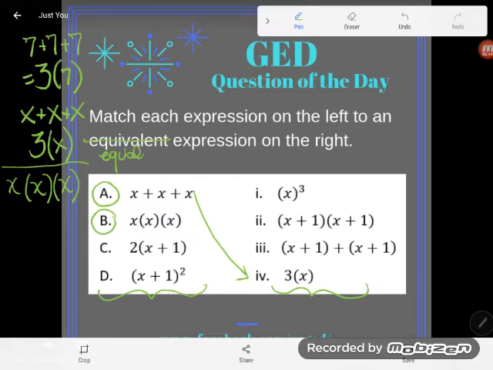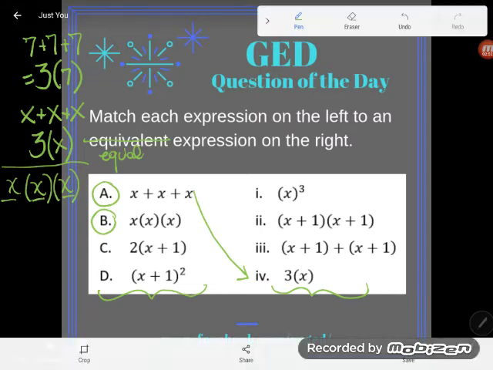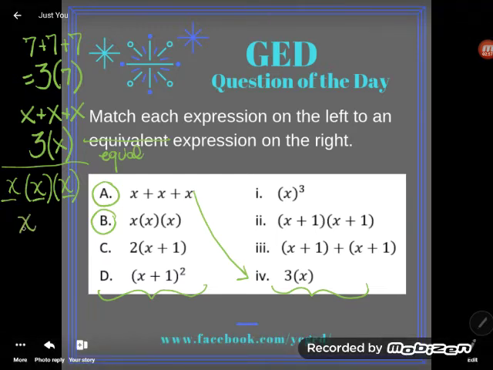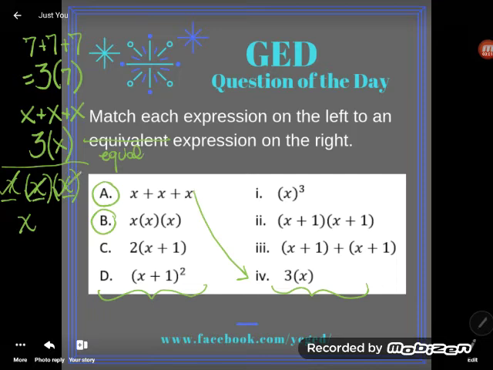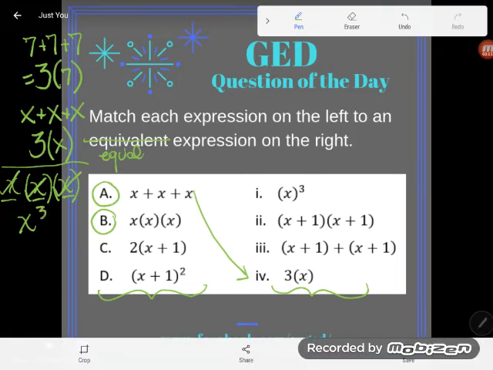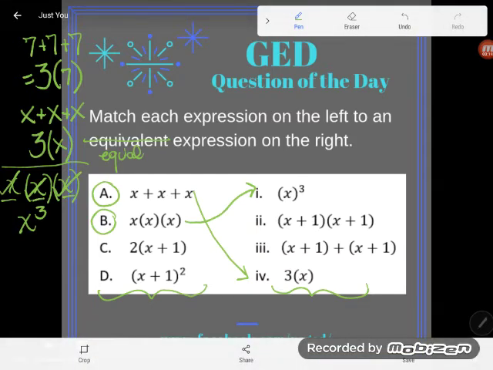When mathematicians want to be lazy and shortcut talk about repeated multiplication, the same number, in this case x, multiplying over and over again, they use exponents. So this is x multiplying by itself how many times? 1, 2, 3 times. That's the same as x to the third power, or x cubed. So x times x times x is the same as x cubed. B matches with 1.